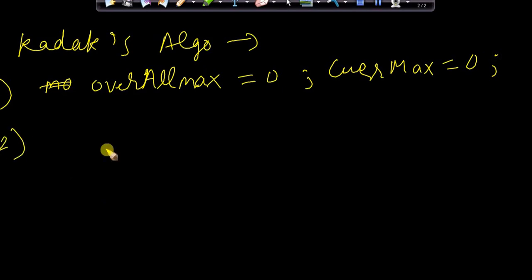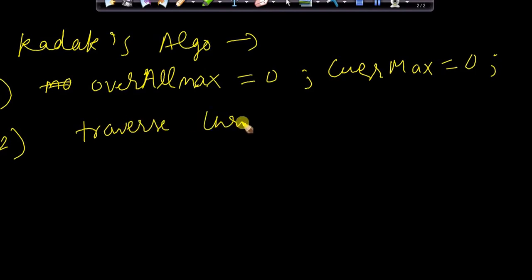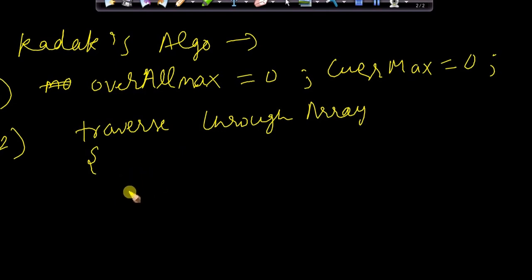So what is our next step? We will go through the complete array. Traverse through the array with the help of a for loop, and we'll update our overall max and current max. So our current max will update first.